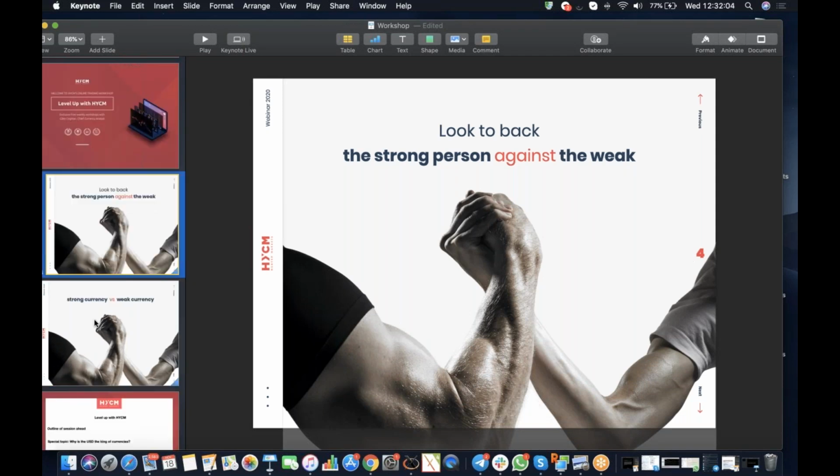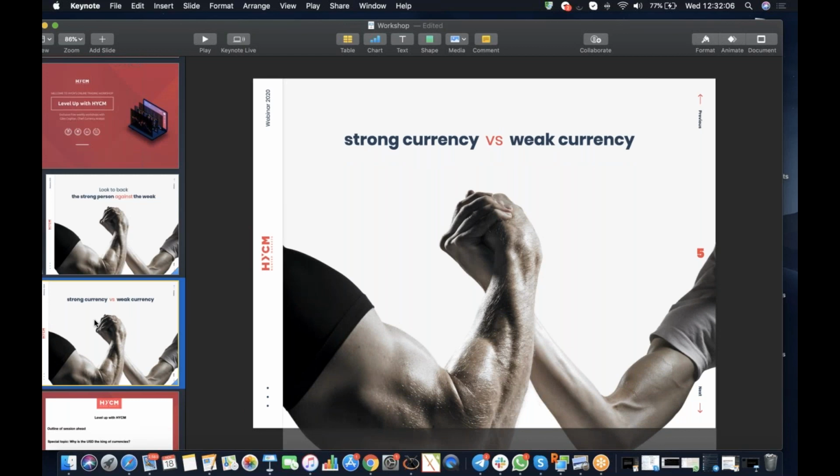Well, in the currency markets, we're trying to do exactly the same. We're trying to pair strength with weakness. That is what we want to do. We want to have the odds, the probabilities in our favor by trading currency pairs that are more likely to go one direction. We want strength against weakness.